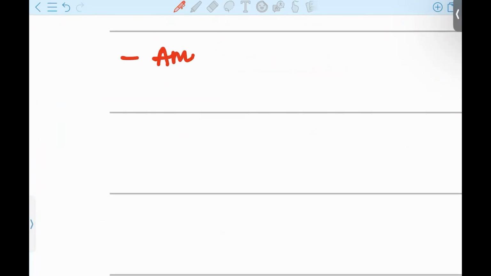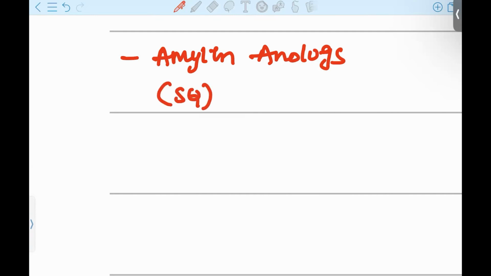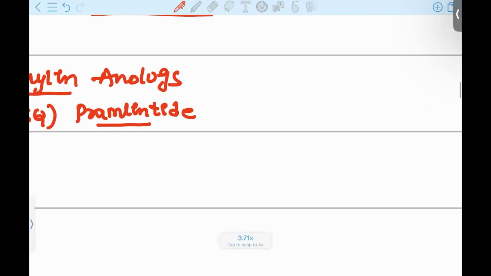Okay, next moving on, the drug is your amylin analogs. The only one available in the market is pramlintide. The name itself tells you it is amylin. Amylin will also decrease the glucagon.